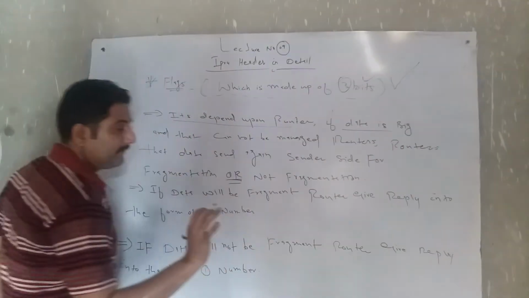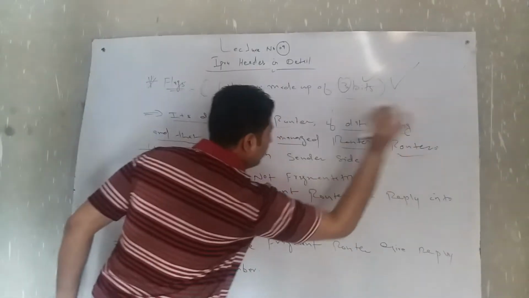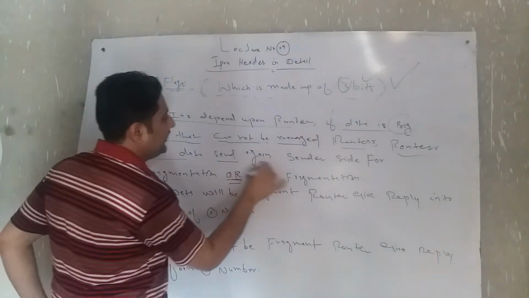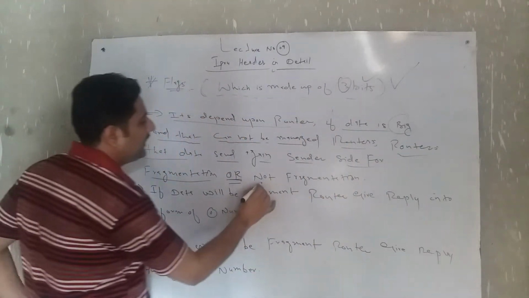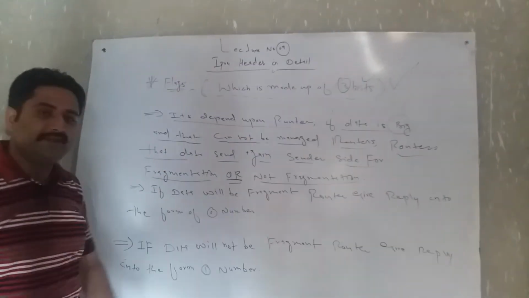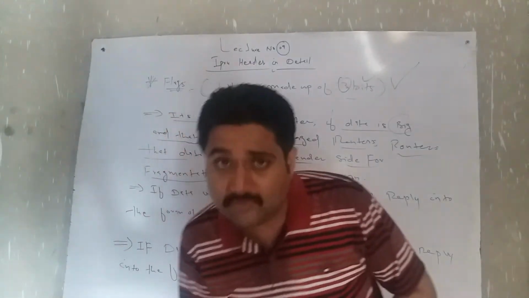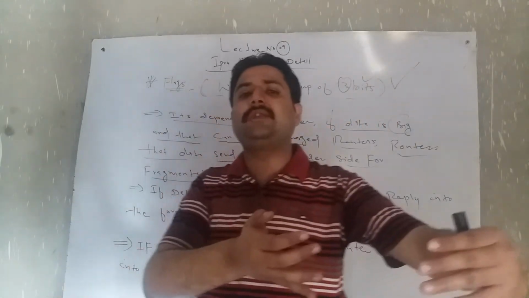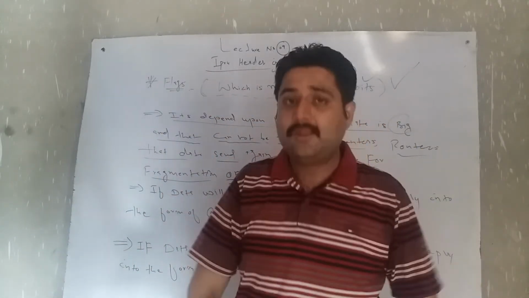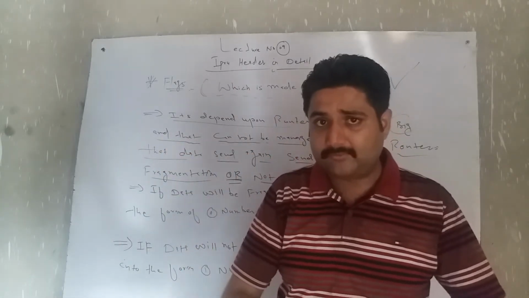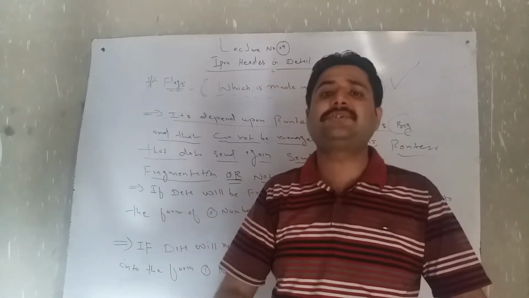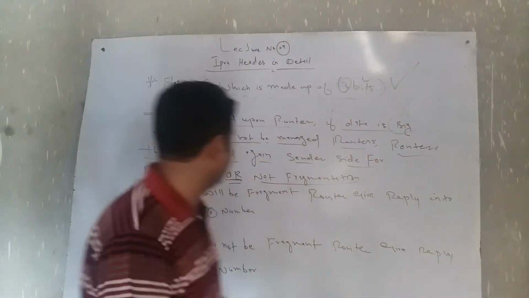If data is big or large and cannot be managed, the router sends a response back to the sender side about fragmentation. It is the authority of routers to tell the sender whether this data will be fragmented or not fragmented when the data is large.